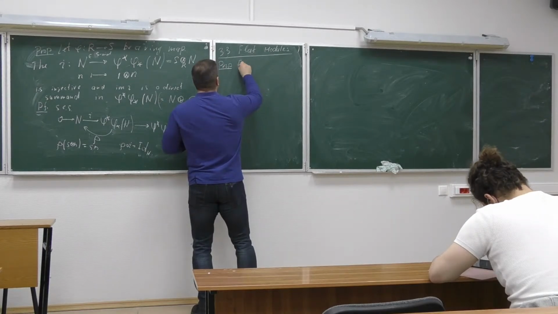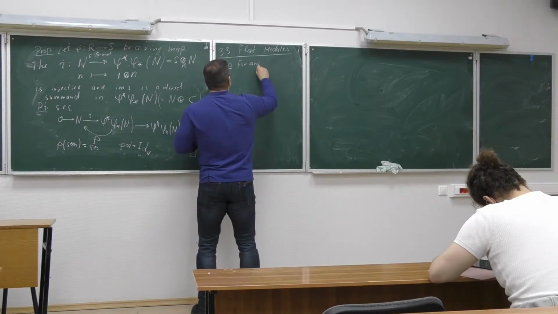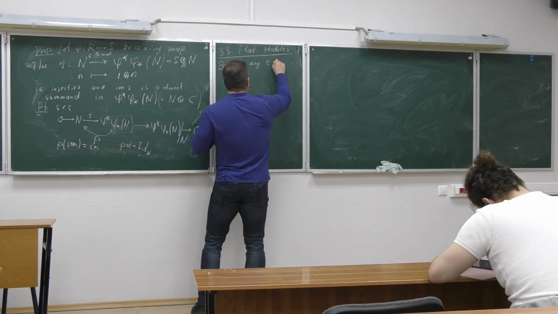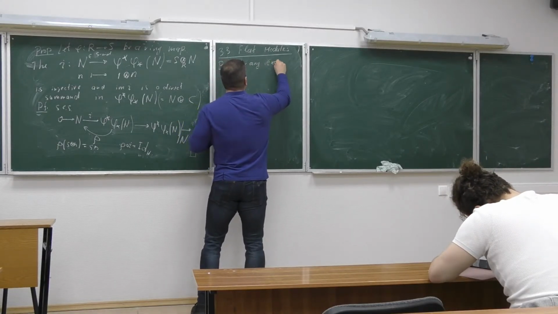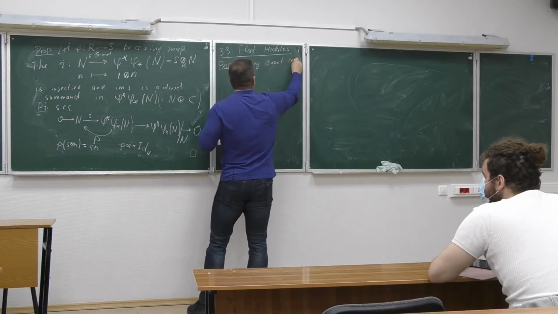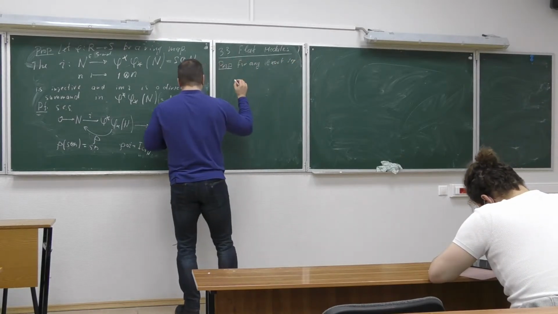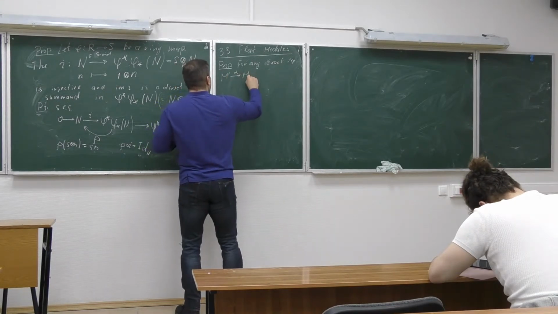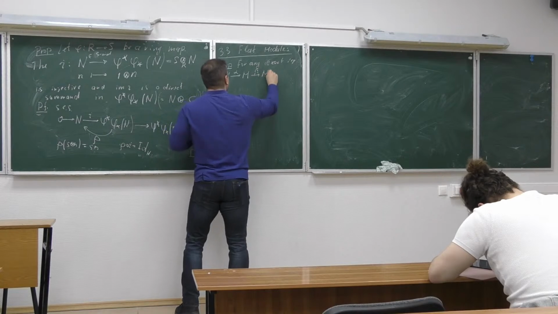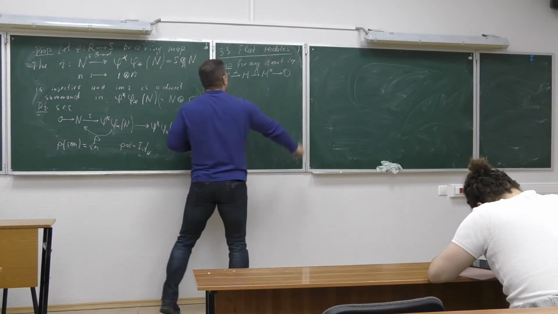For any exact sequence which is exact only on the right, M prime, alpha, M, beta, M double prime, 0.